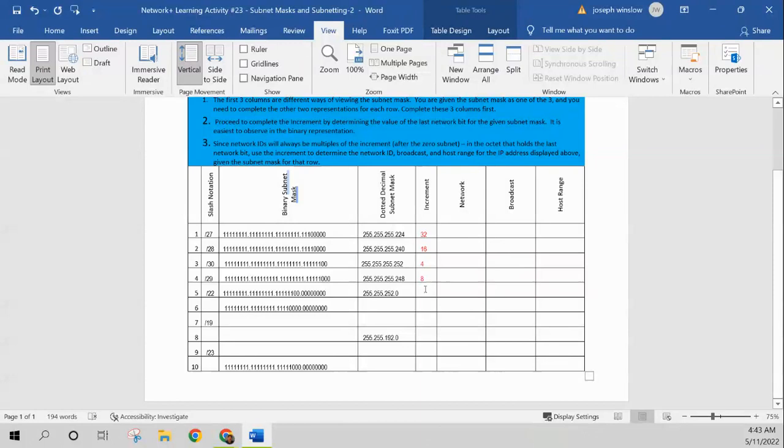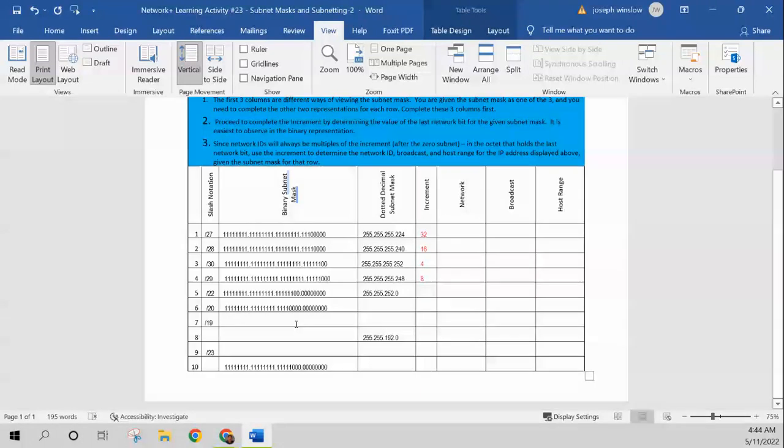Now, remember, I'm not going to mention the increment right now because I'm not 100% sure on that one. Let's see if we can finish up this real quick. We're looking at I'm borrowing 4 right here. Well, if you're borrowing 4 and you're adding that to 16, remember we're dealing with class B now. If I'm borrowing 4 and adding it to the 16, I get a slash 20.